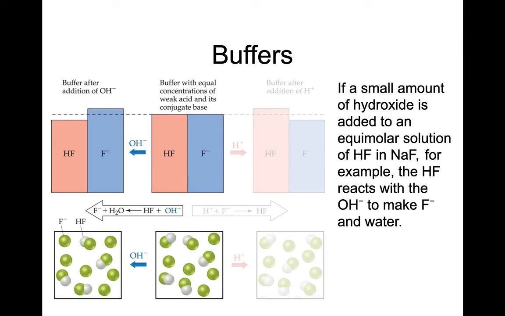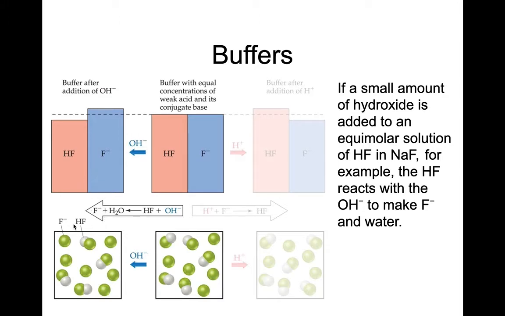Here's another way of representing this. Here's our initial solution. This is our buffer solution. We've got equal amounts of our weak acid and its conjugate base. And when a small amount of hydroxide is added, so when another base is added into here, the OH reacts with the hydrofluoric acid to make more fluoride ions and water.